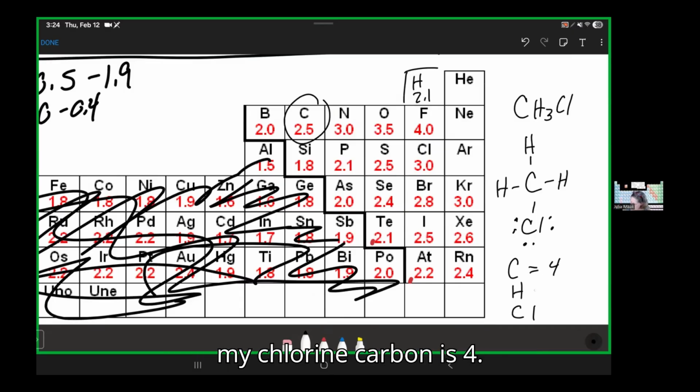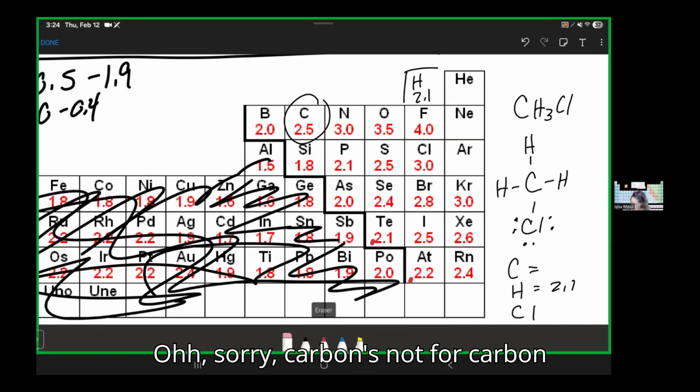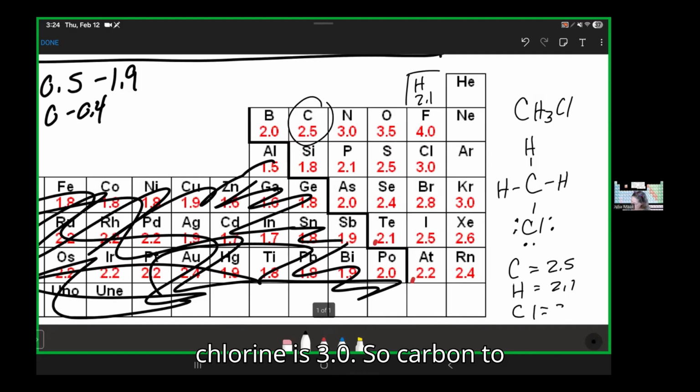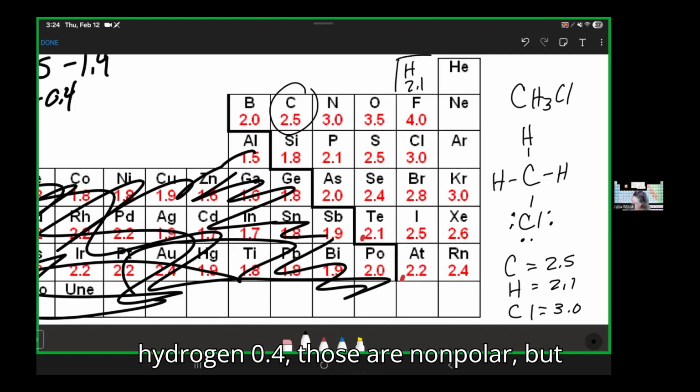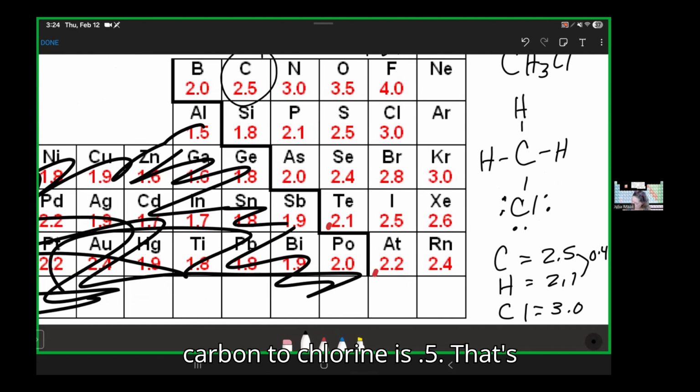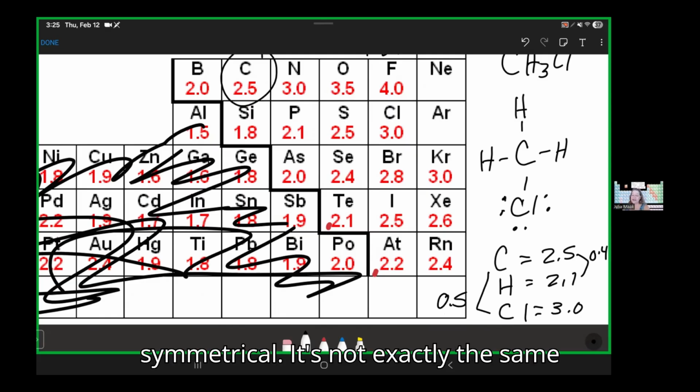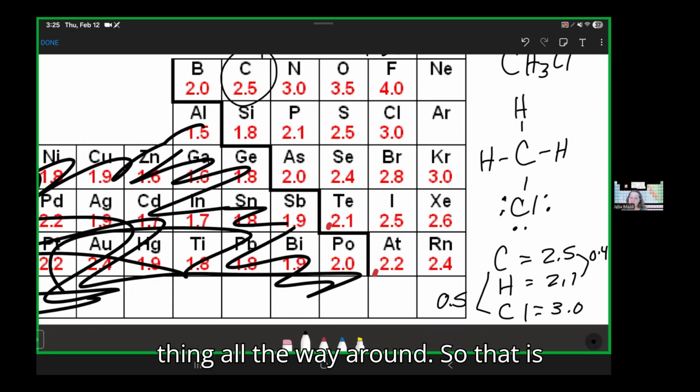Carbon is 2.5, hydrogen is 2.1, and chlorine is 3.0. So carbon to hydrogen, 0.4, those are nonpolar, but carbon to chlorine is 0.5. That's a polar bond. Our rule is it has at least one polar bond and it is not symmetrical. It's not exactly the same all the way around. So that is polar.